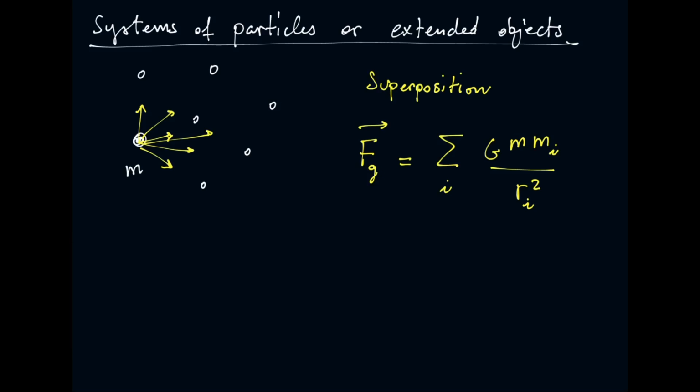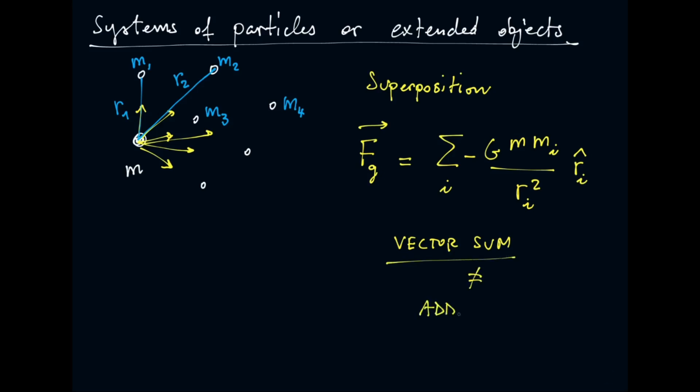What I mean by that is if we label these m1, m2, m3, m4, each at their specific distance, this would be r2, this would be r1, and so on and so forth. And I need a minus sign and the unit vector in that direction. This vector sum is the net gravitational force acting on the mass. It's crucial for you to remember that this is a vector relationship. It's a vector sum. So I'm not just adding the magnitudes.